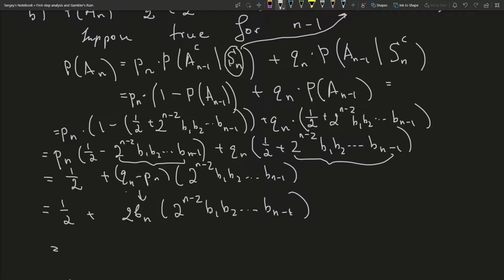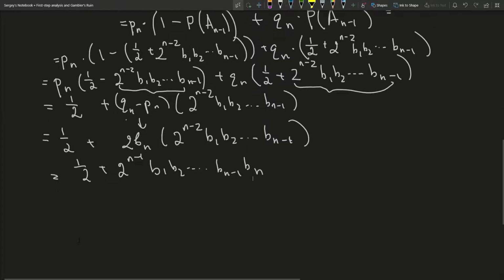And multiplying the 2 by the 2 to the n minus second power, we get 1/2 plus 2 to the n minus first power. And then moving the b sub n all the way to the end, we get b1, b2, dot, dot, dot, b sub n minus 1, bn. So we've proven the desired result.